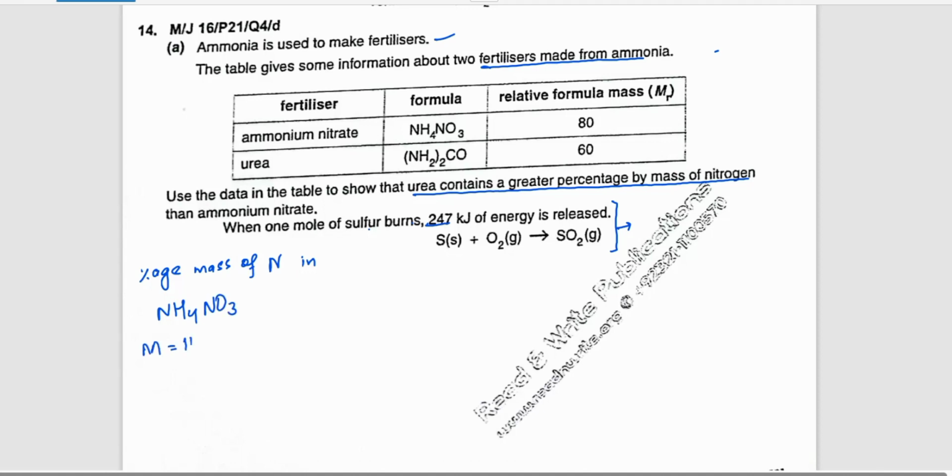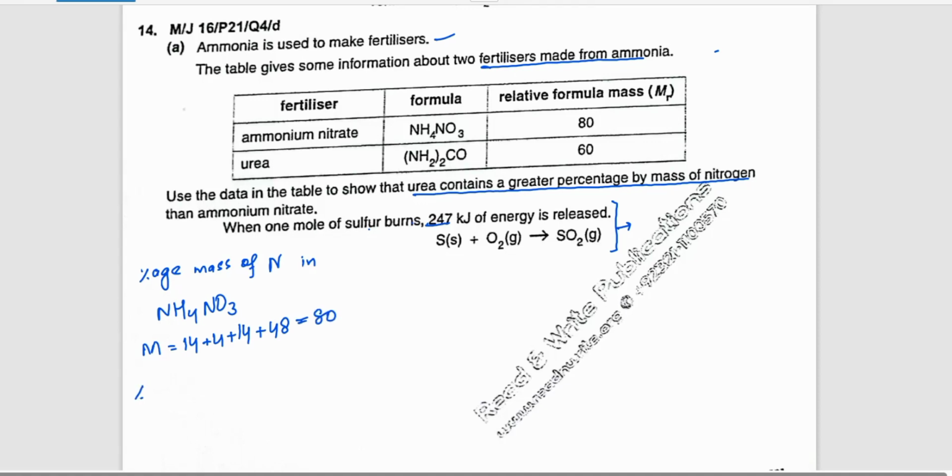It has 1 nitrogen, 14, 4 hydrogens are 4, and 14 for nitrogen. 16 multiplied by 3 is 48. So you can see 14 plus 14 plus 4 plus 48 becomes 80.